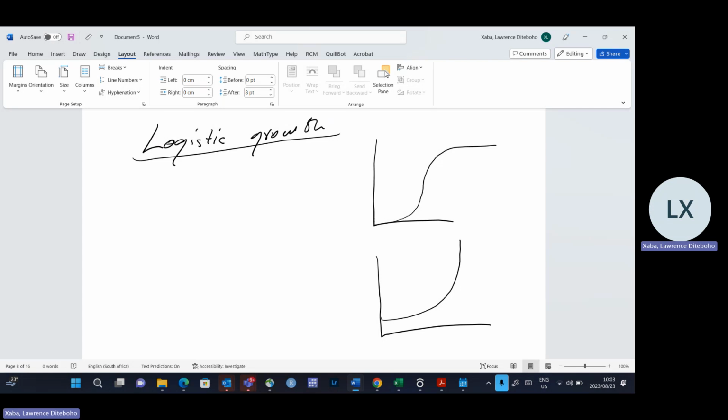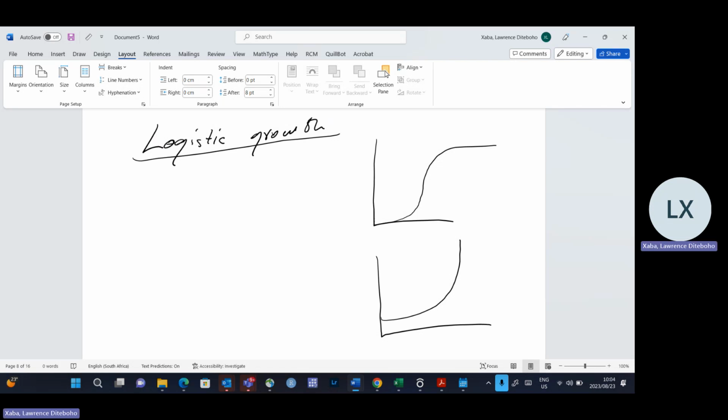For an example, we can look at an example of maybe a rabbit. Let's say there are rabbits that live in. So the more they eat, the more they produce rabbits. They will produce, but there's a point whereby now there's no food. And if there's no food, it means there's no way there'll be further growth. That is why we are saying there's a limit. This one, logistic, it has a limited growth.